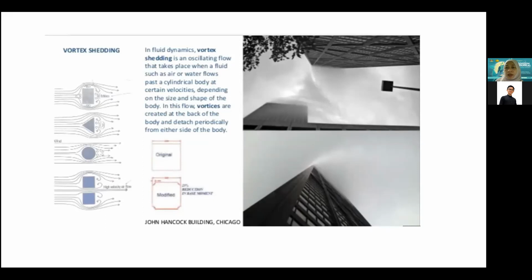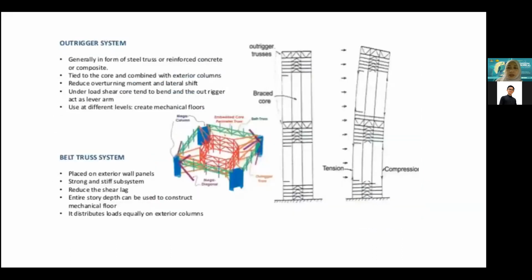So there is a damping system in the structure so that the structure can move a little bit, not a lot, just to allow flow according to the wind, the fluid. So this is our trigger system.